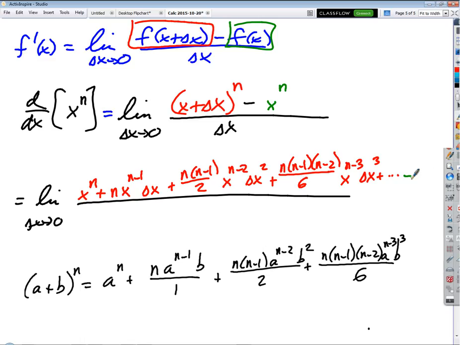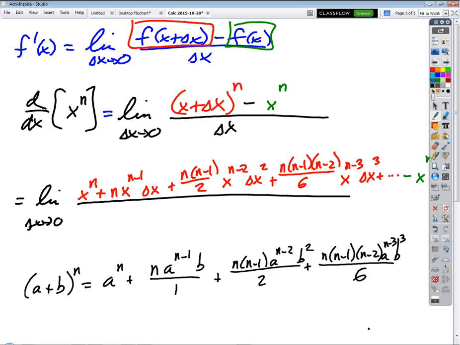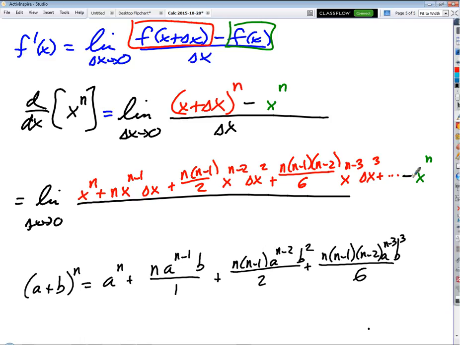So we got all that stuff minus x to the n. Here was all the red stuff, minus, that minus should be black, but then we had the green: f of x was x to the n.